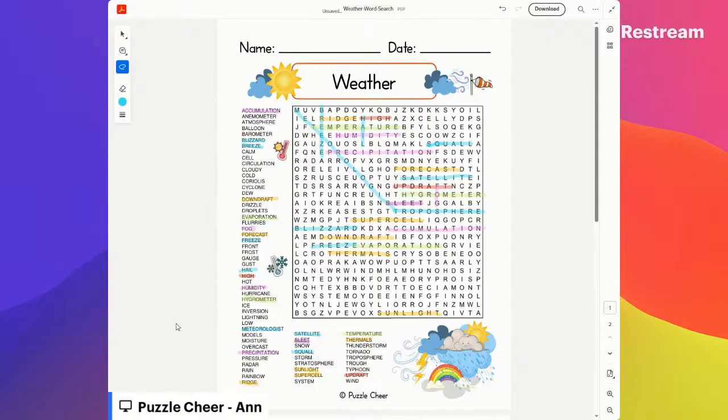And cross that off. And Rory says cell is horizontal, right of high, same row. Got it. Cell, C-E-L-L. And we'll cross that off.